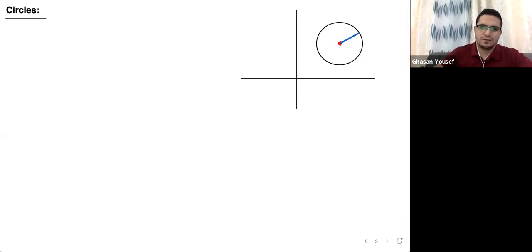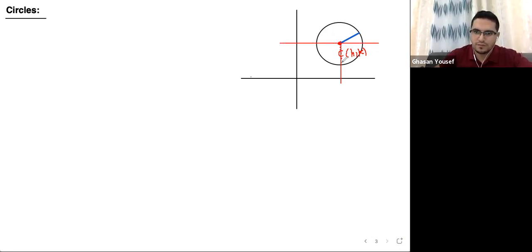The center of this circle is C. This point is H, comma K. The ordered pair, I mean H, comma K. I mean for this, the x coordinate, I mean like this here.